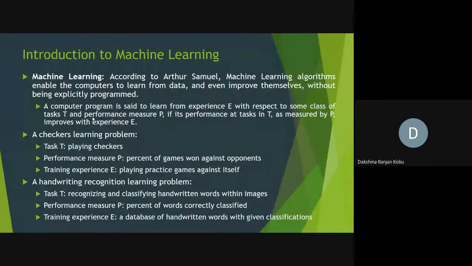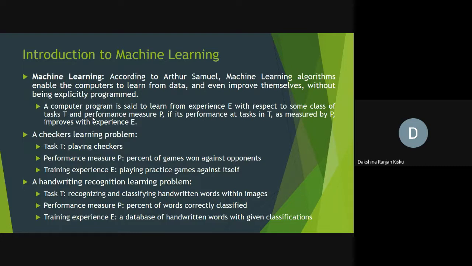In that case, the machine learning algorithm will consider the situations from which it can learn something, and at the same time it will discard the situations or facts from which it is not going to learn anything, or from which it would learn something not considered for further inclusion in the set of experience.